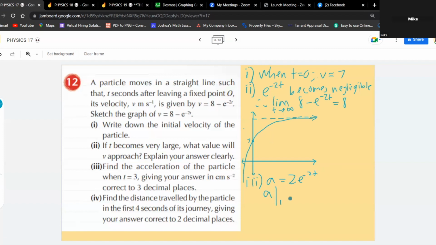Meters per second, no? E to the... I almost got tricked.